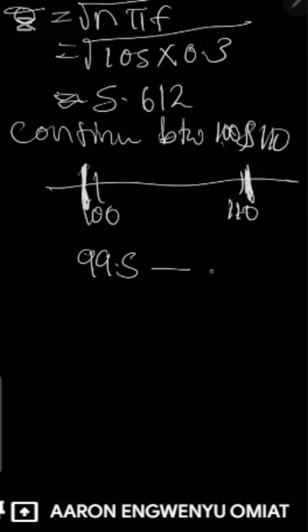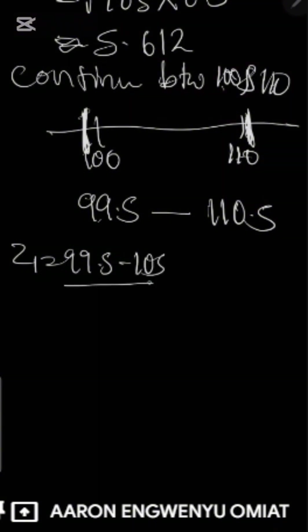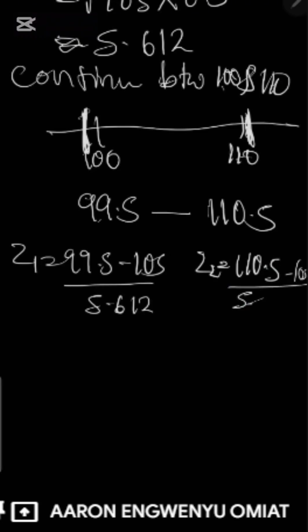After 110, if we add 0.5, we get 110.5. For Z1, it is 99.5 minus our mean of 105, divided by 5.612. For Z2, it is 110.5 minus 105, divided by 5.612.